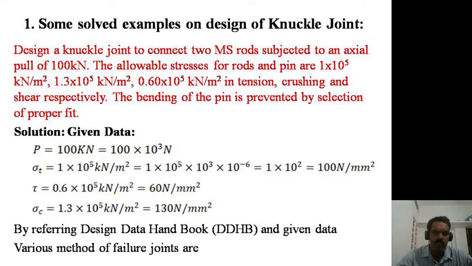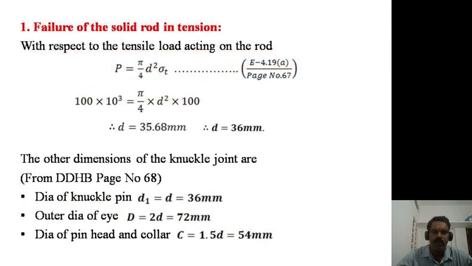Next, for this problem we have to refer to the DDHB, the Design Data Handbook. There are 8 steps that are very important for the design procedure of the knuckle joint. The very first step is failure of the solid rod in tension.